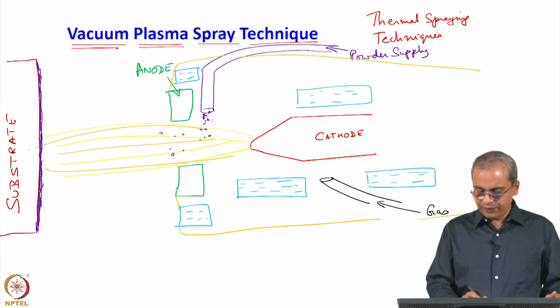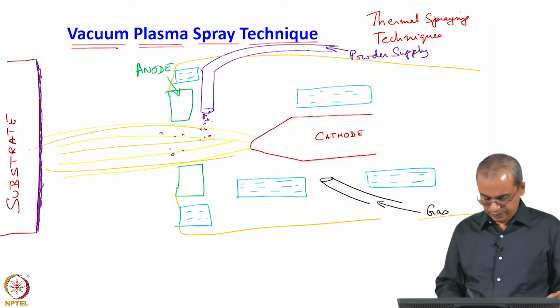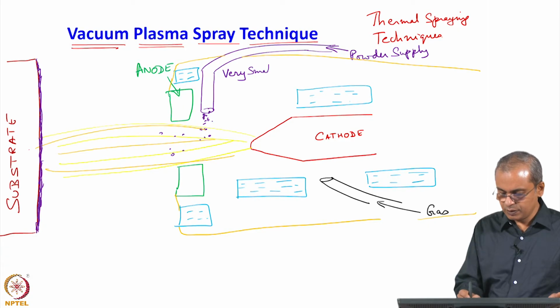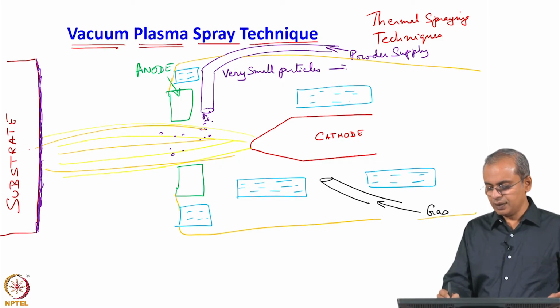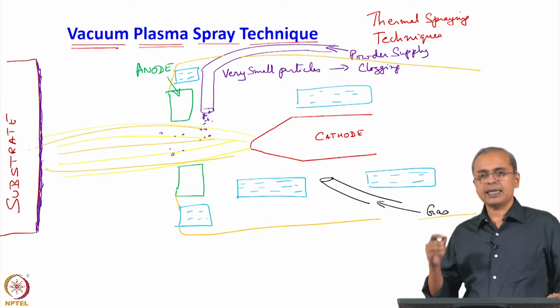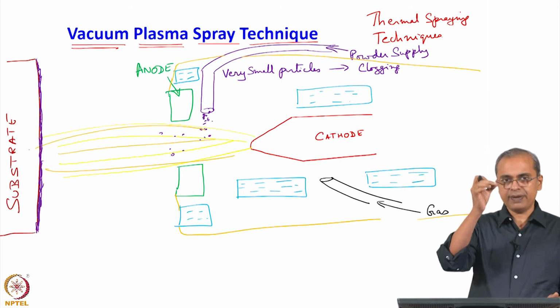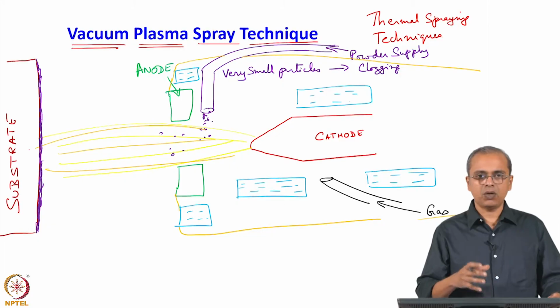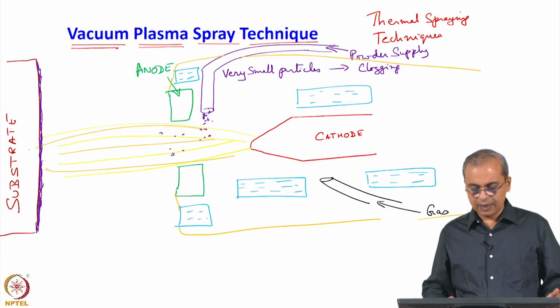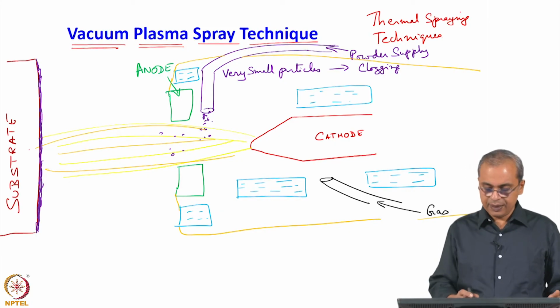Now, very small particles imply clogging. The gun, the location where those particles are coming out, can get clogged because the very fine particles will stick to each other and just clog the gun. So, it may not necessarily work.